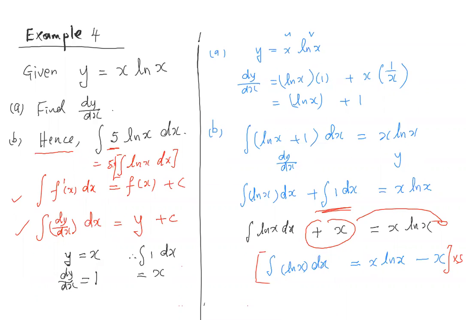That means every single term in the equation, I have to multiply by 5. So I got the integral of 5 ln x dx is equal to 5 times this. I can write it like that, there's nothing wrong. Or you can write 5x ln x minus 5x. Then only here I put a plus c.